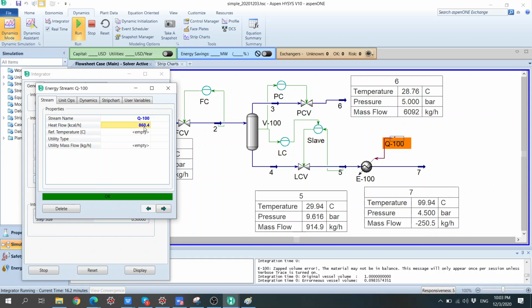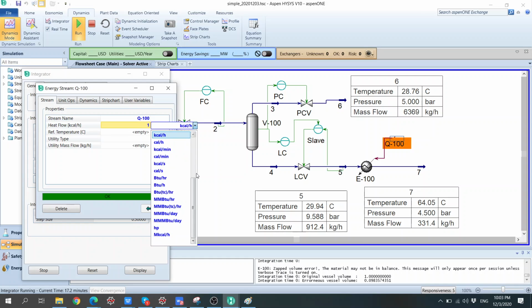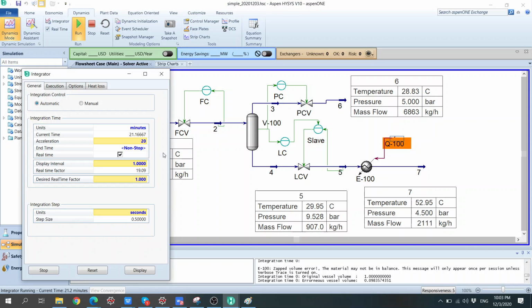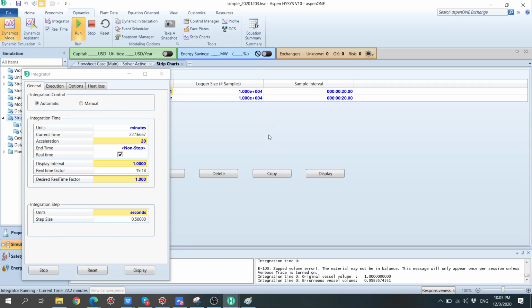Did I do 1 kilowatt or no? Nah, no, it's stable already. Oh, we forgot to put the chart. Yeah. Okay.